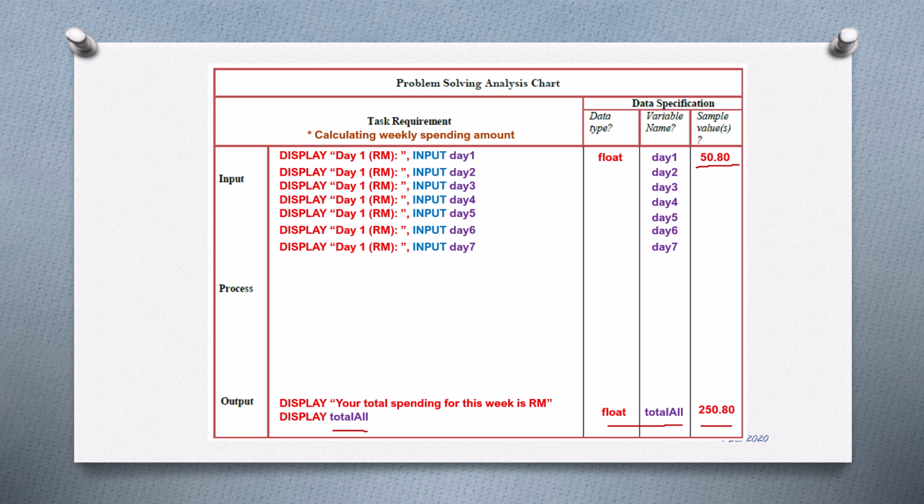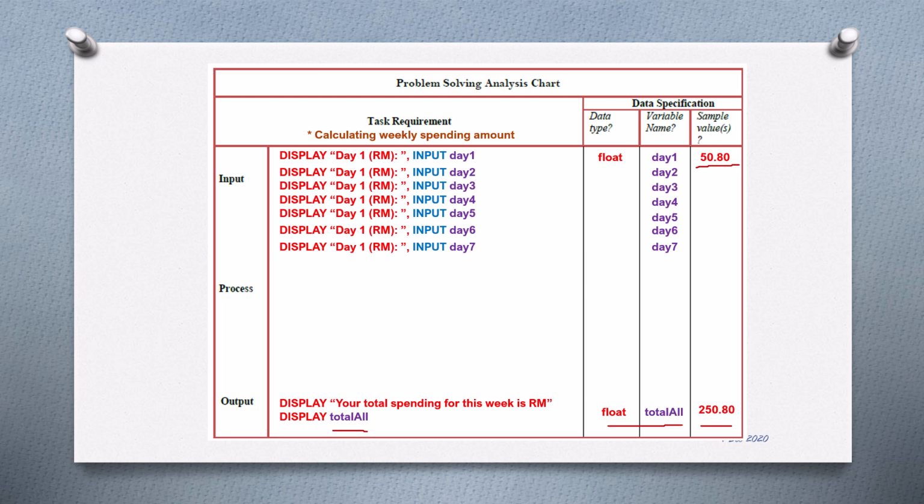Next one. Now you have the location, but you have to have a value in that location. So how do you get the value? You have to really determine the process for this task. In order for you to display total all, you have to guess the task, the process for total all.